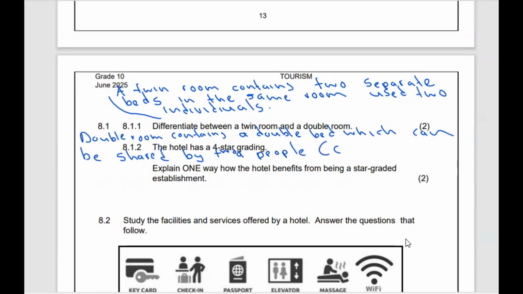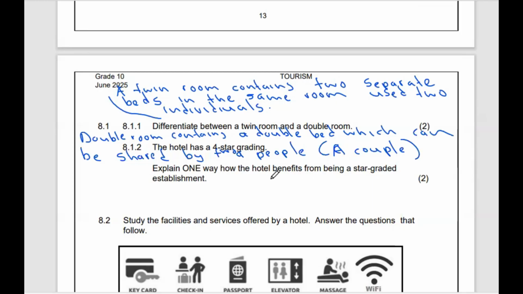Then in brackets, you can write by a couple. For example, a couple. So that's the main difference. In a twin room, we have two separate beds in the same room, which are meant to be used by two different individuals. Then in a double room, we have a double bed, which can be shared by two people, or they can be shared by a couple.